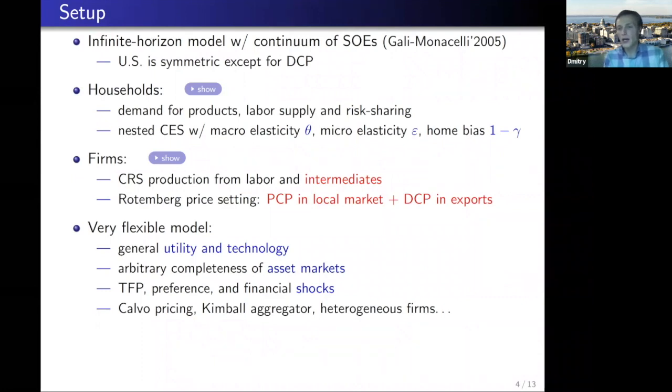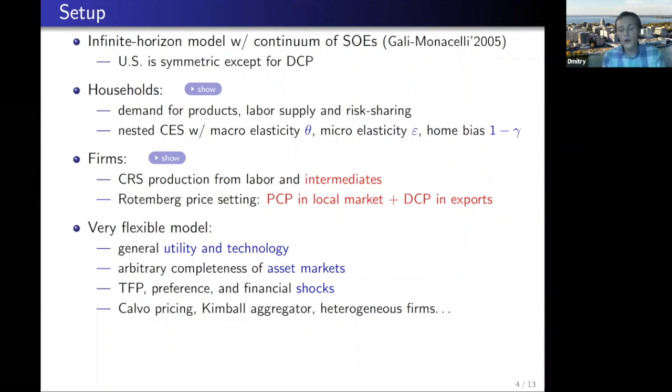The only thing that matters for us is that monetary policy doesn't have additional motive coming from the asset market. For example, it doesn't want to inflate away the debt of the country. But as long as the real returns on the assets are exogenous to the monetary policy, the asset markets can be complete. There can be no assets at all. There can be one bond, two bonds, etc. It really doesn't matter for our results.